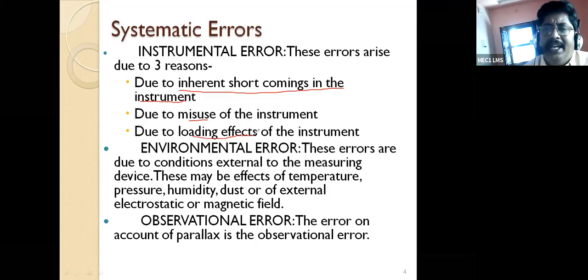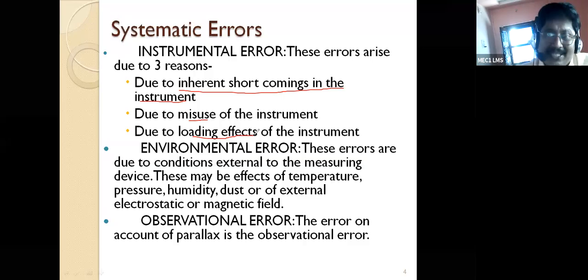Inherent shortcomings means the instrument unexpectedly has some disturbances, some vibration, some friction. Due to that, it sometimes shows a wrong reading. Maybe fluctuations take place, more fluctuations. It leads to inherent shortcomings in the instrument.